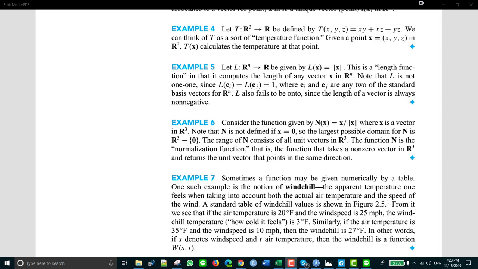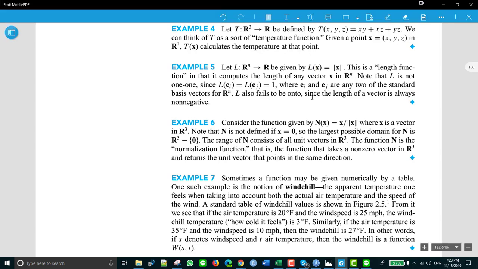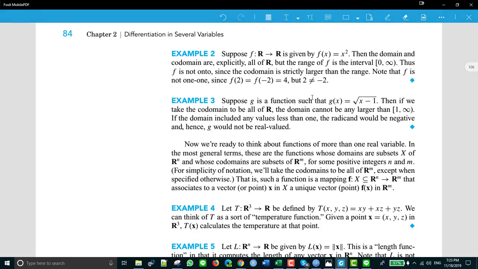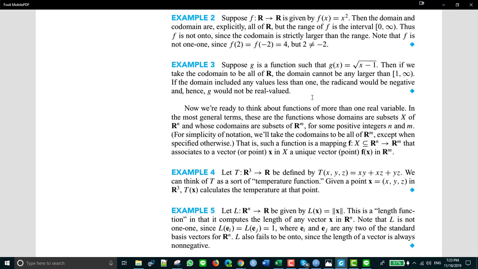It's just the length, which is a number. So you give it a vector, but you get a number. So this is a scalar, so she doesn't use bold for the name of that function. Going back to this one here also, it goes from R3, so the inputs are vectors, but the output is just a scalar, so she doesn't use a bold t here.